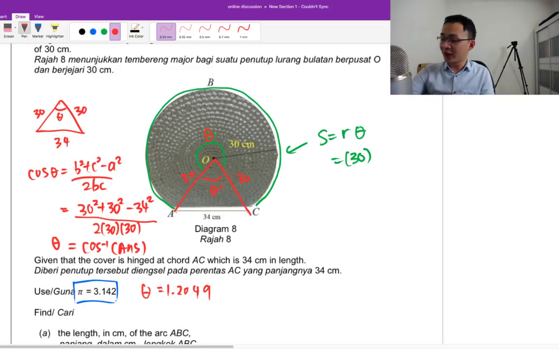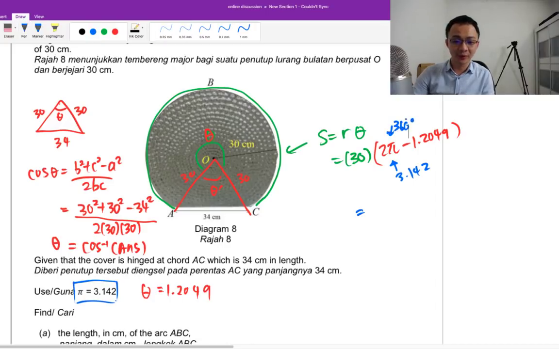But this is not the angle we want. We want to find the major angle here, so I will use 2 pi minus 1.2049. Be careful, because the question tells you pi, you have to use 3.142. Why do I use 2 pi? Because 2 pi actually means 360 degrees.